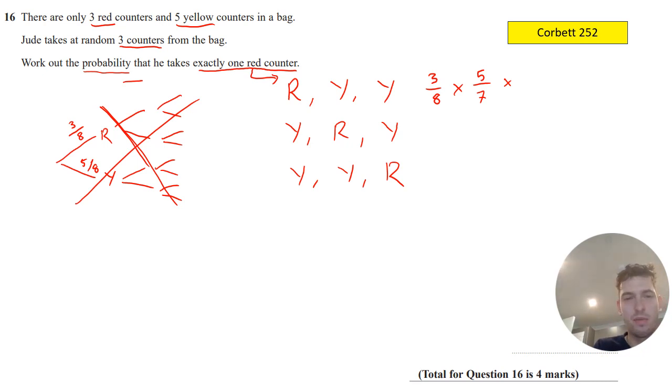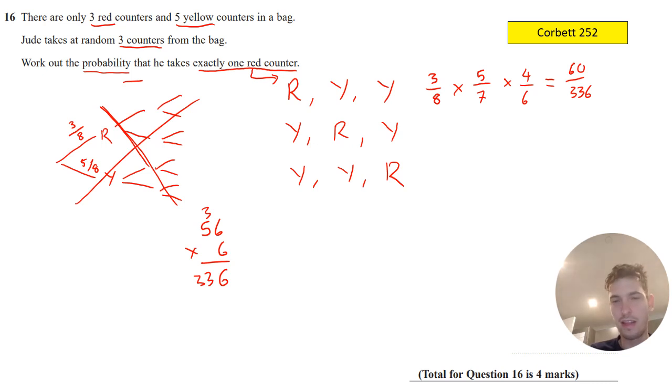I've picked 1 yellow already, so there's 4 yellows left and 1 fewer counters in the bag. So multiply all of these together. 3 times 5 times 4, that gives me 60. And then 8 times 7 times 6. Well, let's do some calculations down there. So 8 times 7 is 56. 336 is my denominator.